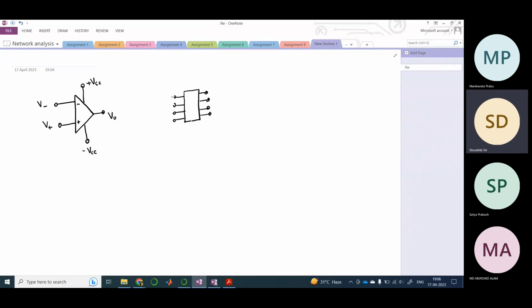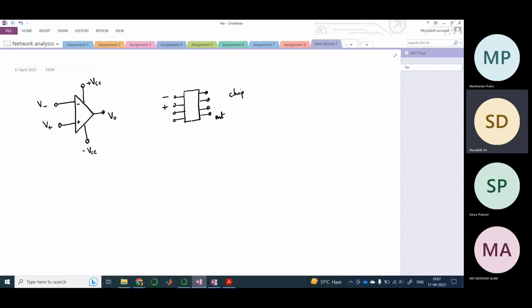Here we have five input terminals, and here there are eight pins, because the remaining three have some other important functions that we don't need to know right now. For example, here this input terminal is the inverting terminal, this is the non-inverting terminal, and this is the output terminal. This kind of chip is readily available in the market, and their specifications are also given.